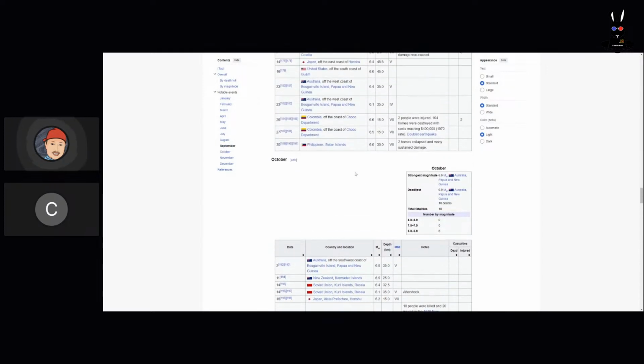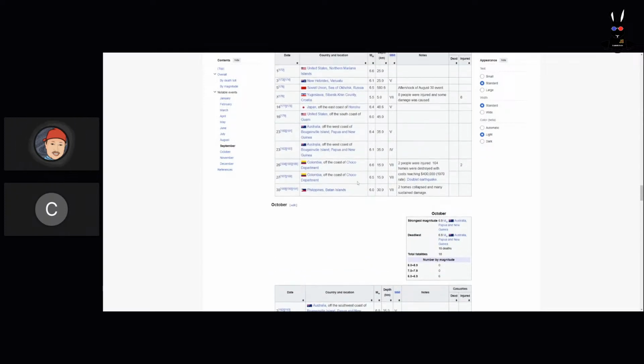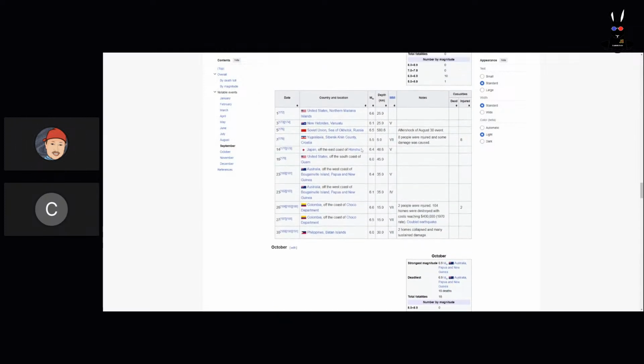Japan, I don't see anything there. Colombia, off the coast of Colombia, 6.6 and 6.5. That's interesting. And that's in September.